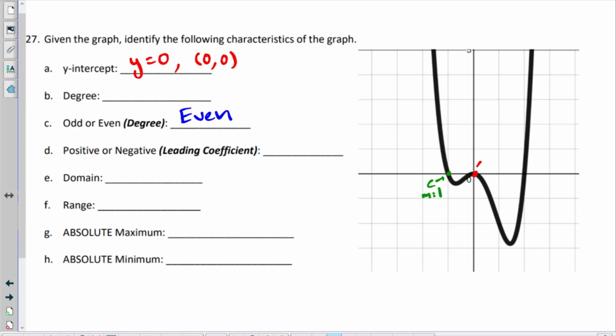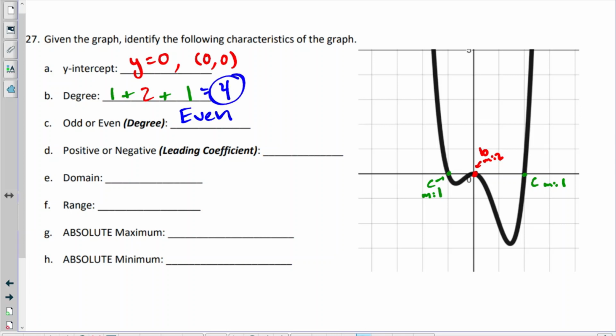And then at this point, I actually bounce, which means I have a multiplicity of 2. And then at this point, once again, I cross through, which means I have a multiplicity of 1 again. If I add up all my multiplicities, just like I was in factored form looking at the exponents, that would be my degree. 1 plus 2 plus 1 equals 4.